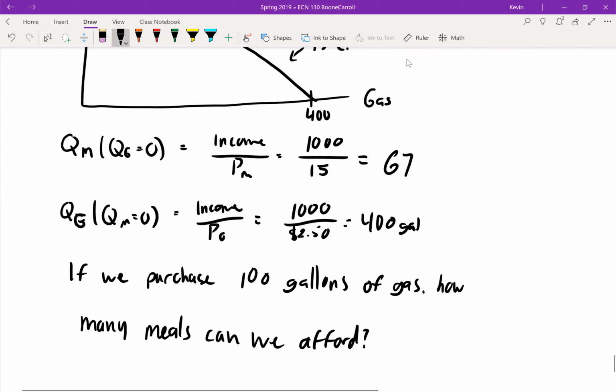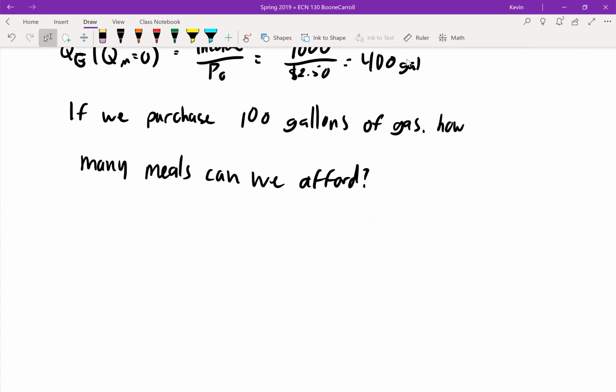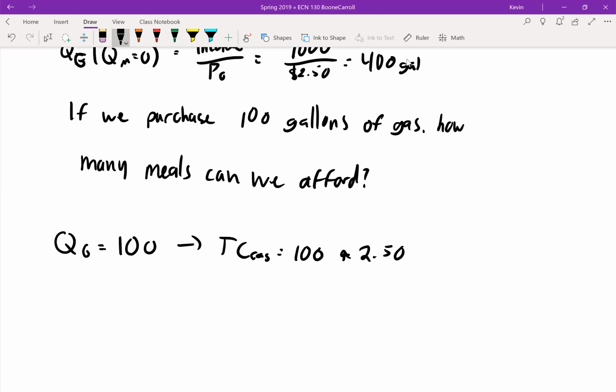A question that may come up is, we have these points, but what happens if we purchase 100 gallons of gas? Then how many meals can we afford? We know that the quantity of gas is 100. The total cost of our gas would be 100 gallons times $2.50 a gallon, so the total cost of our gas would be equal to $400.